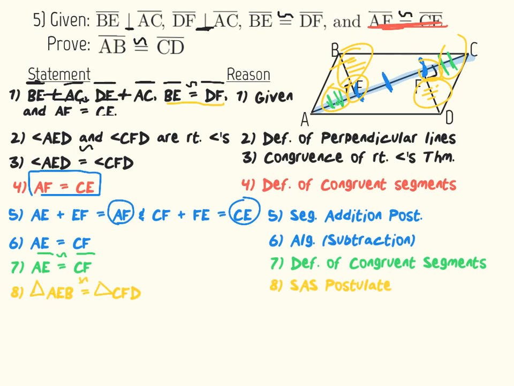Triangle AEB is congruent to triangle CFD, and from there I can make my final step to saying that my other sides right here are the same, and we're going to use our corresponding parts. Segment AB is congruent to segment CD by corresponding parts of congruent triangles.